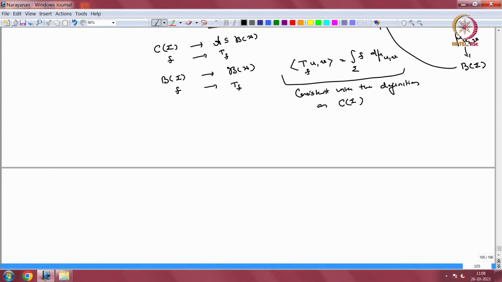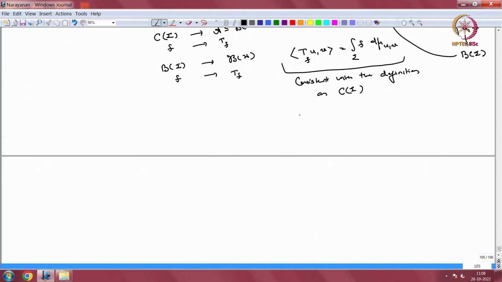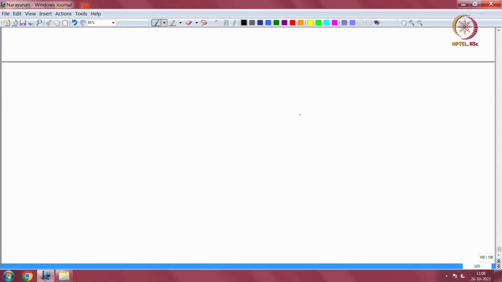In other words, if I take f continuous, then it will coincide with T sub f whatever we had defined earlier using the Gelfand transform, because the right hand side is f d mu u v, which is what gave us T sub f. So, okay. We have extended this definition of operators from C sigma to bounded functions on sigma. Okay. So, now I can write down the theorem.